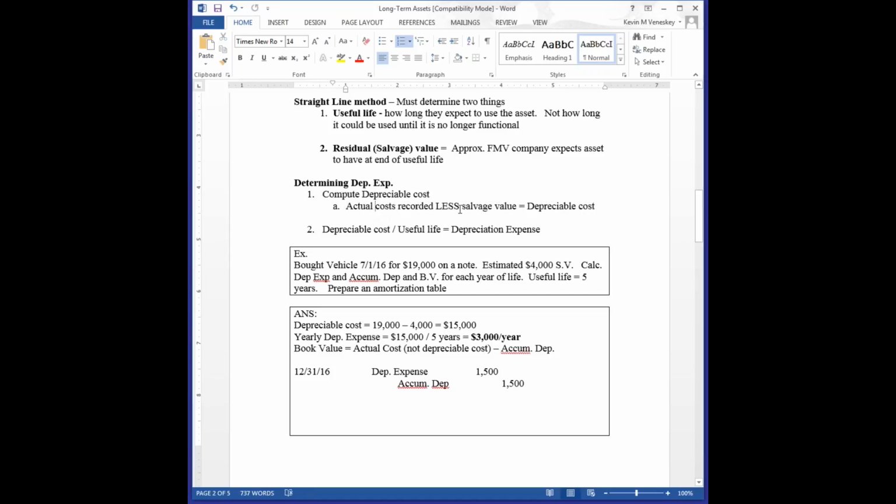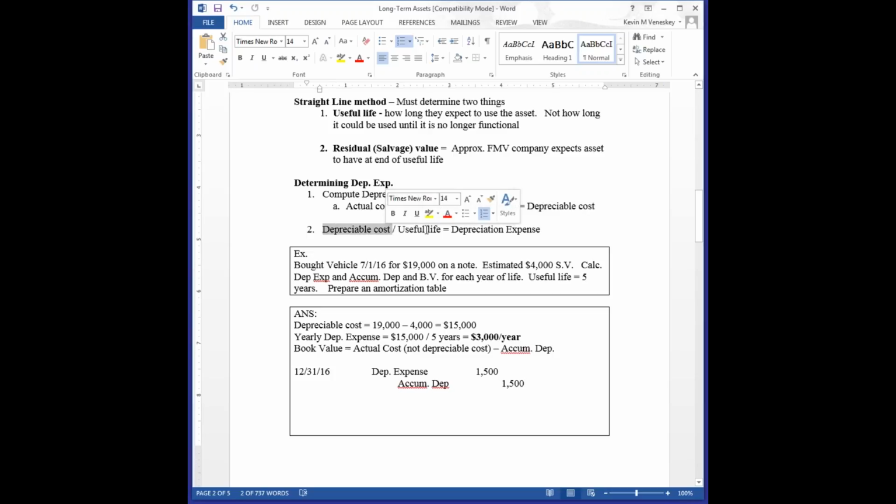Therefore, I'm going to take the $10,000 minus the 2, and my base value would be $8,000. When I depreciate, I'm only going to act like the asset's worth $8,000. It's really worth 10 on my books, but I'm going to act like it's only worth 8. So when I depreciate it, I'm only going to depreciate that entire 8,000, leaving me still 2 left on my books.